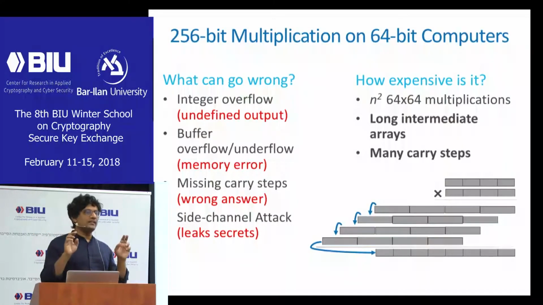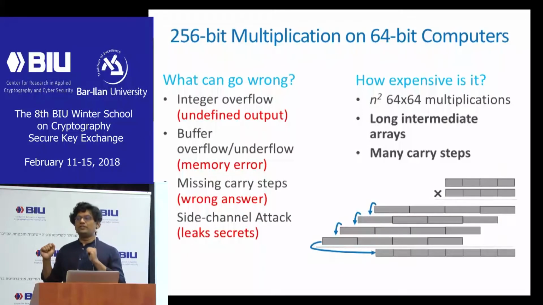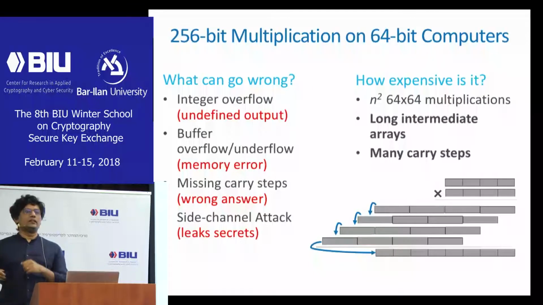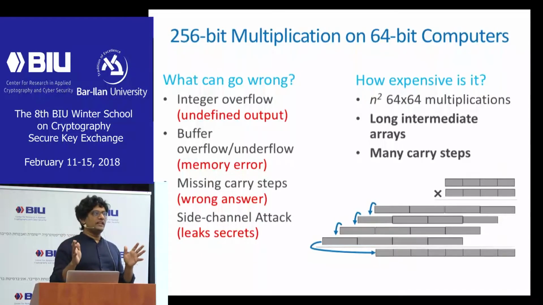Sometimes you use unsigned integer arithmetic, sometimes signed integer arithmetic. If you use signed integer arithmetic, even in C, it's undefined behavior. But if you're using unsigned arithmetic, it's well-defined behavior. You just roll over modulo 2 to the 64. But in fact, it might give you a completely bizarre result. So you have to be very careful that you're not triggering integer overflows.